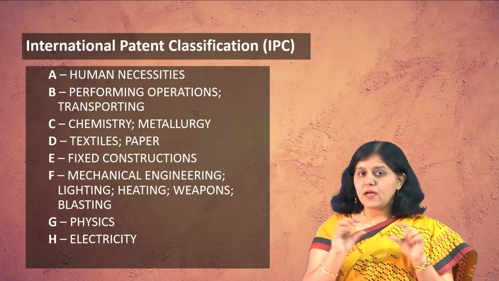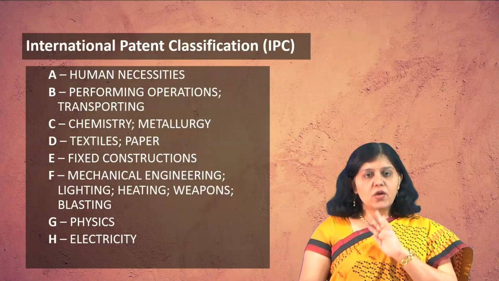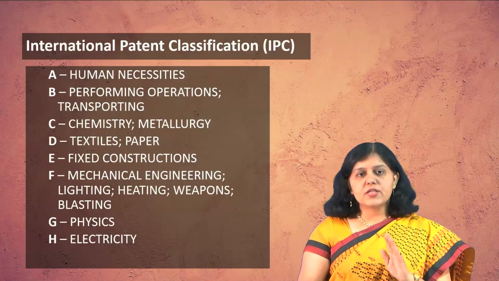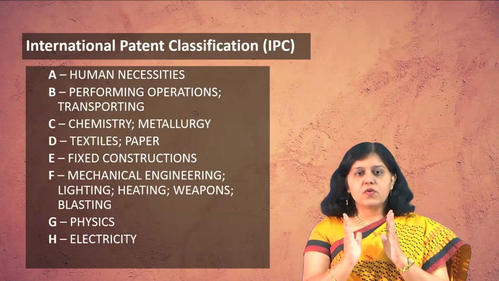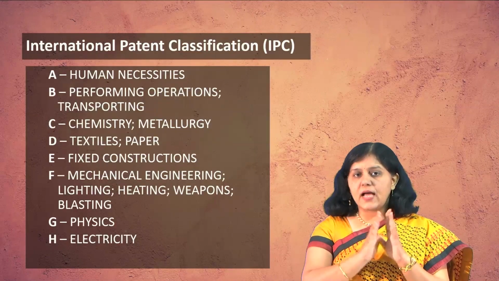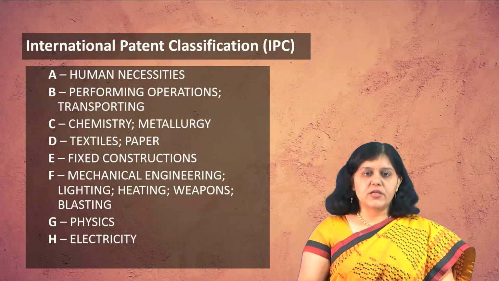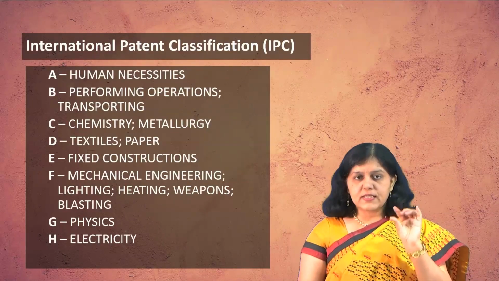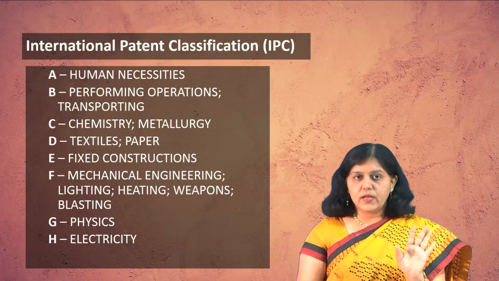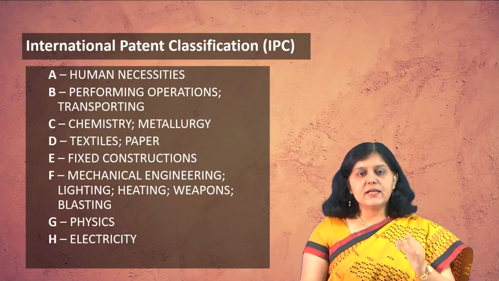So, when you see the IPC, you do not see the subsection, you just see the section and then the class. Whatever the subsection part is, as there is no symbol, you will not see it. So, a subsection is nothing but a title, and there is no symbol. Okay. So, this is the section and subsection.